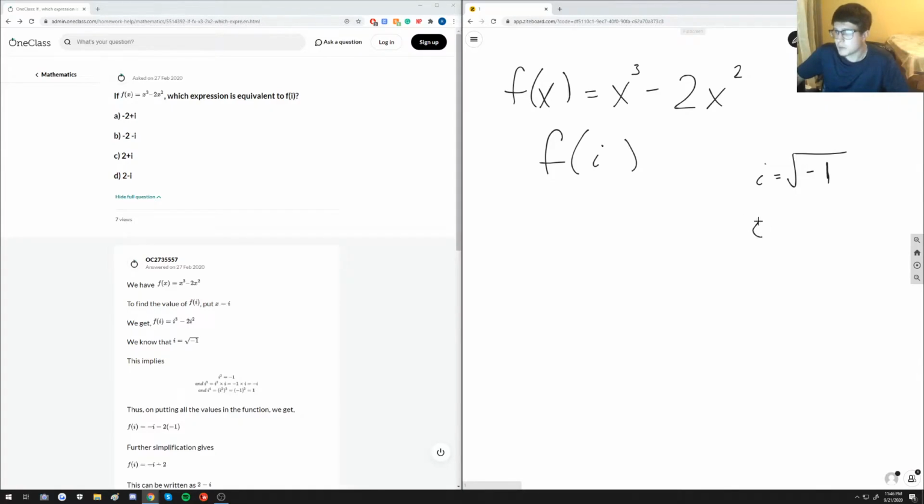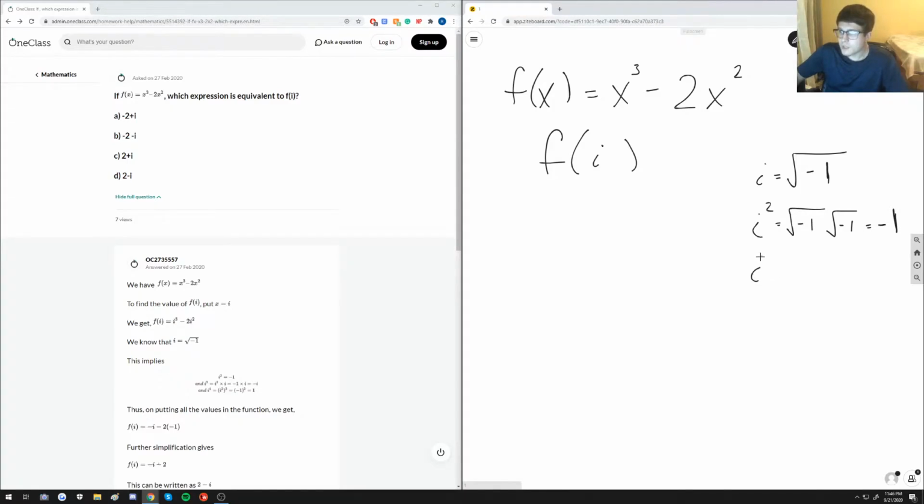So for example, if we were to take i squared, that would just be multiplying i by itself, which is the same thing as multiplying the square root of -1 times the square root of -1. And we all know if we multiply two square roots with the same value in the square root, then we just get what's inside of it, so -1.